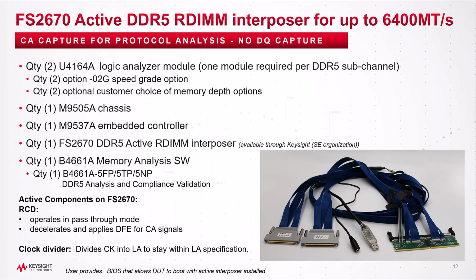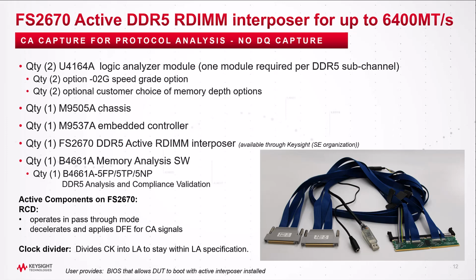Now the FS2670 active DDR5 RDIMM interposer can capture the command address up to 6400 megatransfers per second. This captures command address and chip select only, no DQ. To capture both DDR5 subchannels simultaneously, you will require 2 of the U4164A Logic Analyzer modules, 1 required per DDR5 subchannel, and each of those needs to have the option O2G speed grade option.